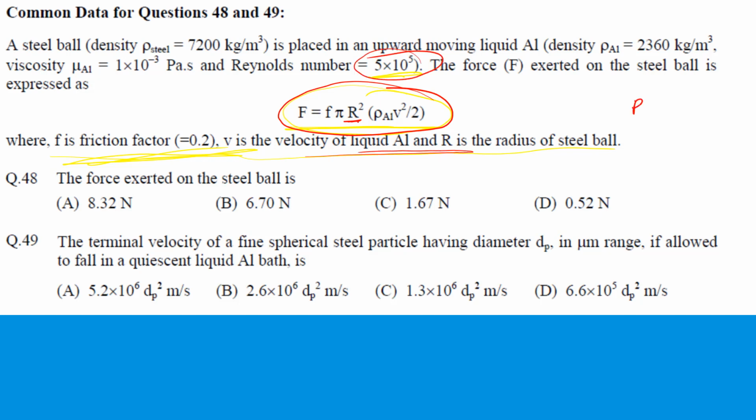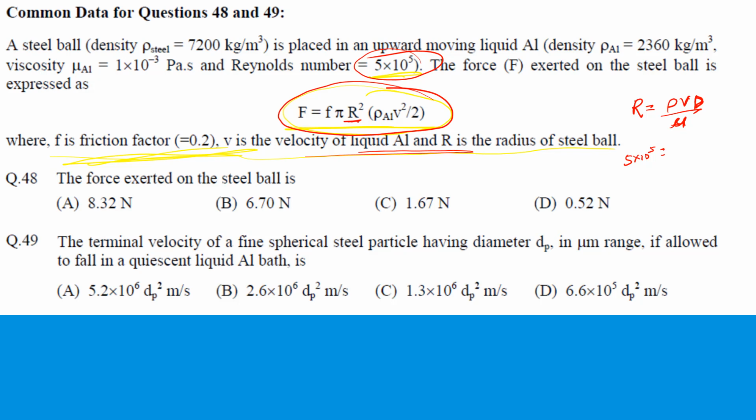So we know Reynolds number is equal to rho V d by mu, means density, velocity, into diameter through which this liquid is flowing, by mu. D will be the diameter of this solid particle, that is the steel ball. So Re is 5 into 10 power 5.